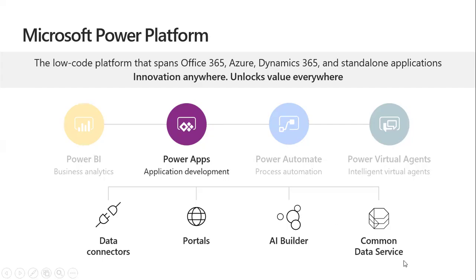And coming to the Common Data Service, CDS, this is also called Dataverse. This Dataverse is actually a data source which comes by default with Power Platform. The data is stored in the form of entities. You can consider it a tabular format.